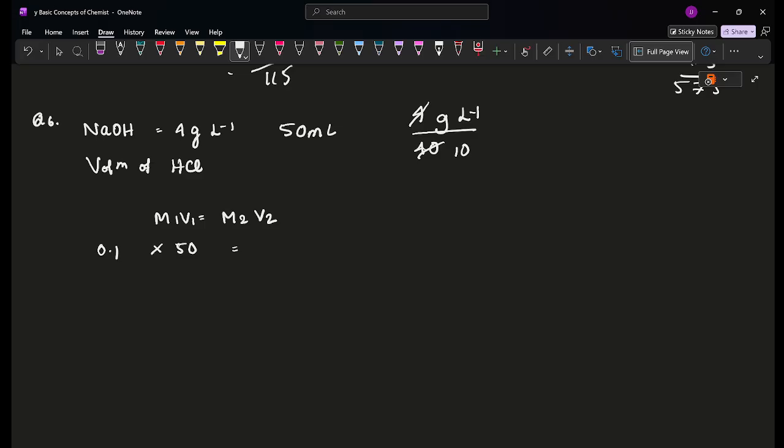Okay, HCl gas is at STP. So if it's at STP, it's going to be 1 molar, right? It's going to be 1 mole, but it's not right, because we've asked HCl is at STP.